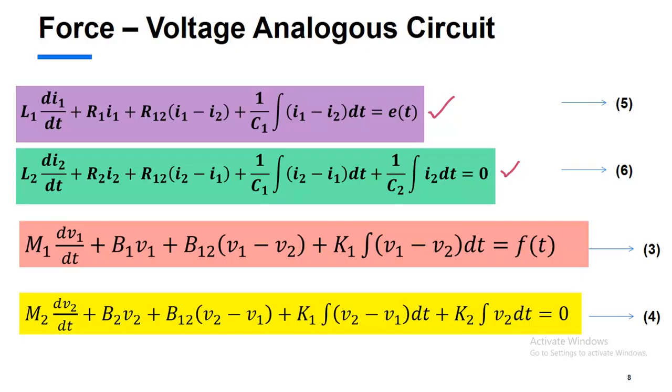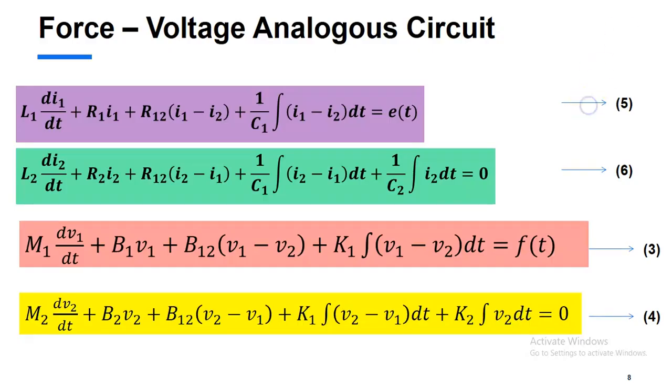Similarly, if you take equation 4 and equation 6, these two equations are similar. This means, from this slide it is observed that the mesh equations are similar to the differential equations governing the mechanical system.